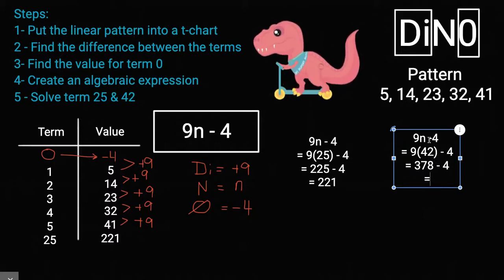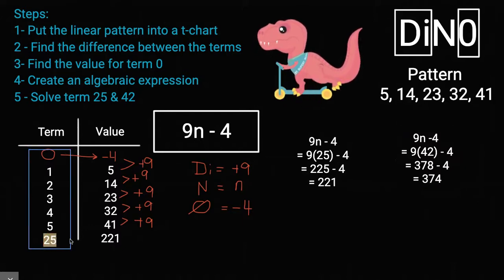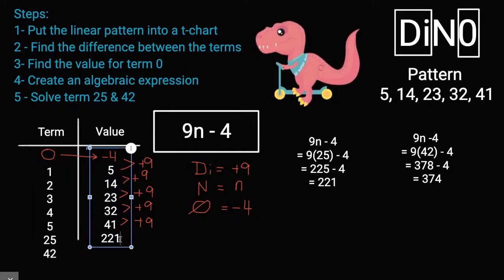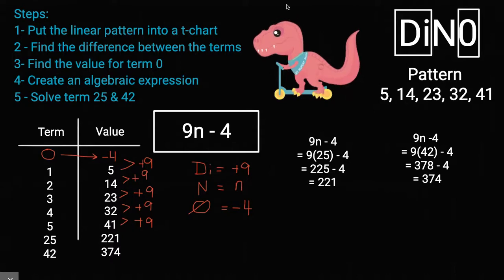My final answer is 374. So what that means is when my term is 42, my value is 374. Okay, awesome. Let's keep going.